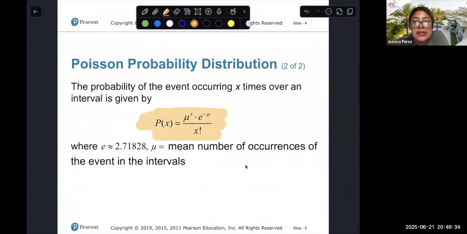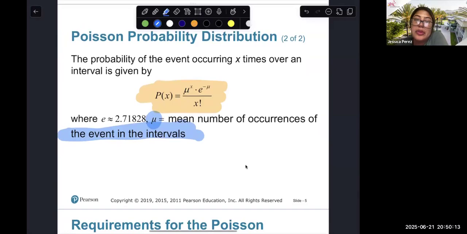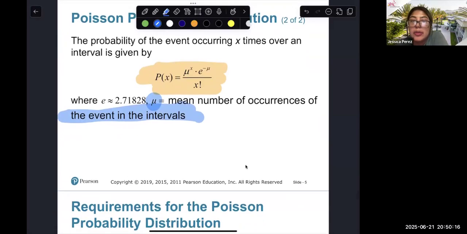The probability of x is the mean, the population mean mu, raised to the x, times e to the negative mu, divided by x factorial. e is a transcendental number, with many decimals to it: 2.71828. And mu is the mean number of occurrences of the event in the interval. So what we're going to be using is that following formula.